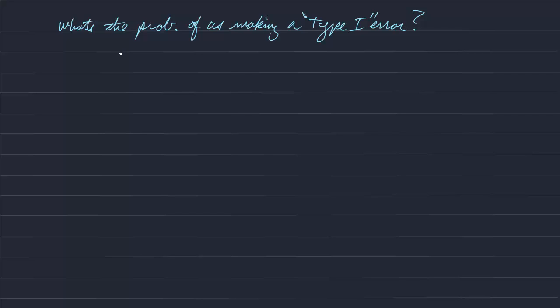Well, the answer is the probability is equal to alpha, and that's 9.5%. So in other words, of all the possible values of X bar we could have sampled, we've sampled one that has less than a 9.5% chance of being sampled. So if we reject our null hypothesis, then we have this possibility of being wrong.